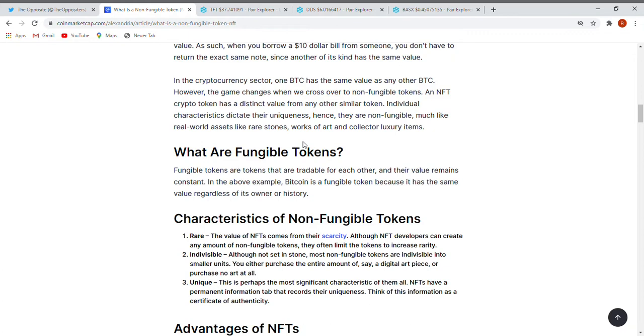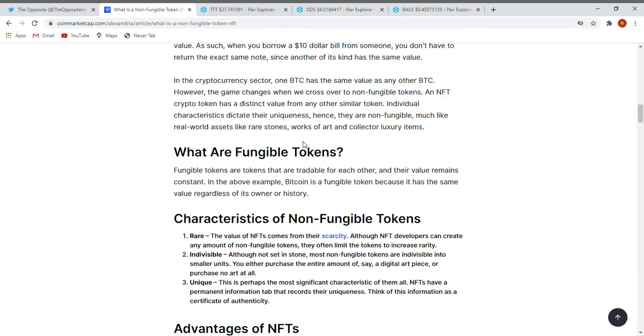An NFT crypto token has a distinct value from any other similar token. Individual characteristics dictate their uniqueness, hence they are non-fungible, much like real-world assets like rare stones, works of art, and collectible luxury items. Like if you have a diamond, this is also not the same as the other ones directly.